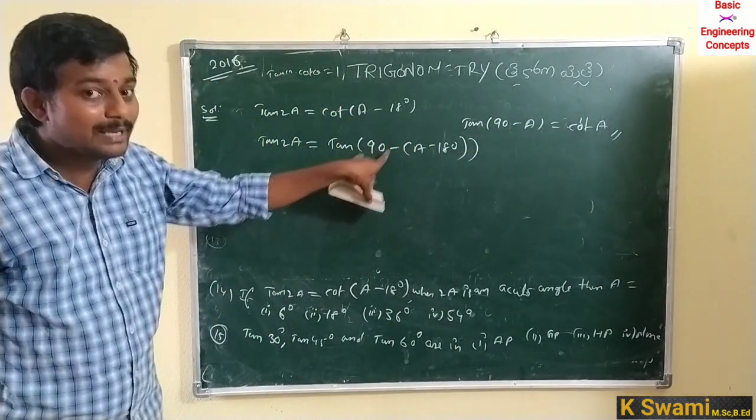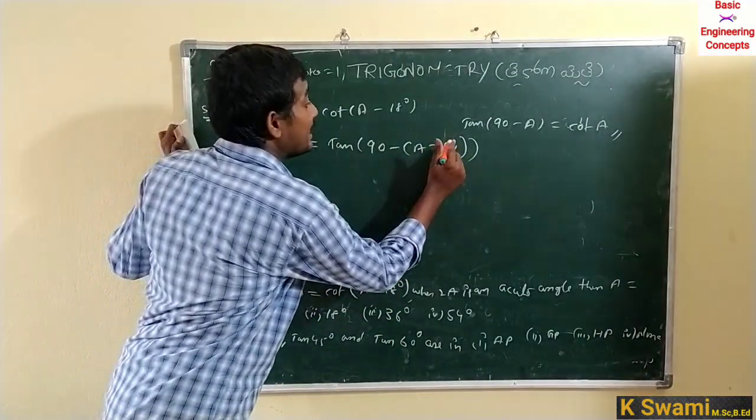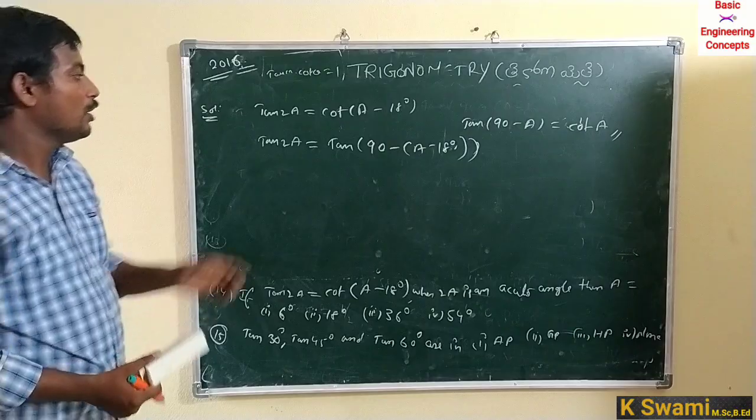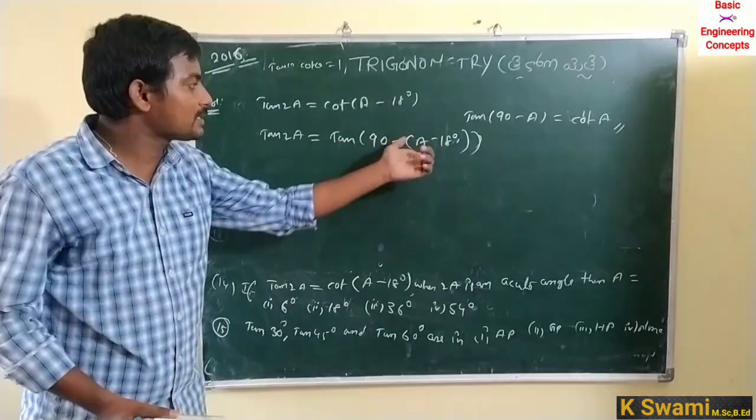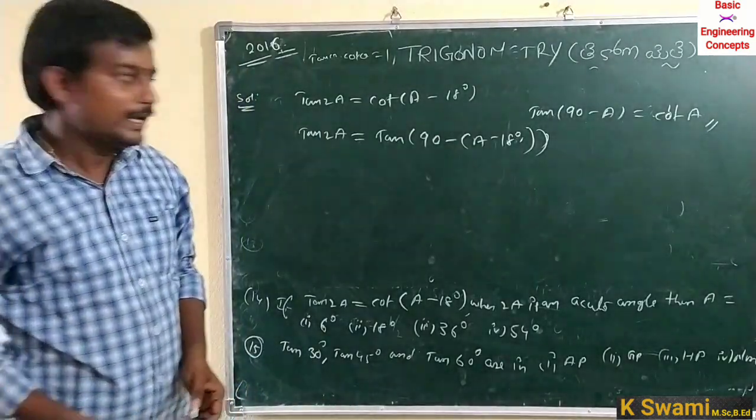So tan of 90 minus a minus 18 degrees is equal to cot a minus 18 degrees.